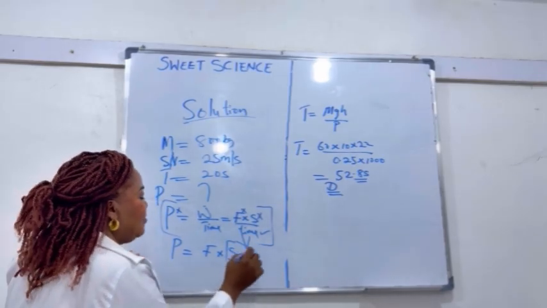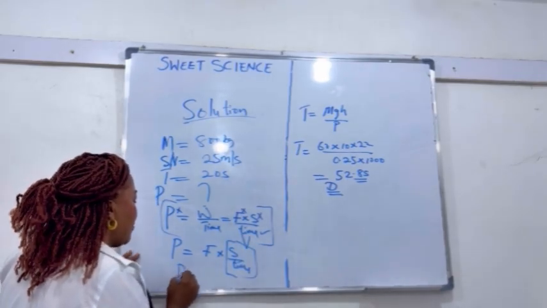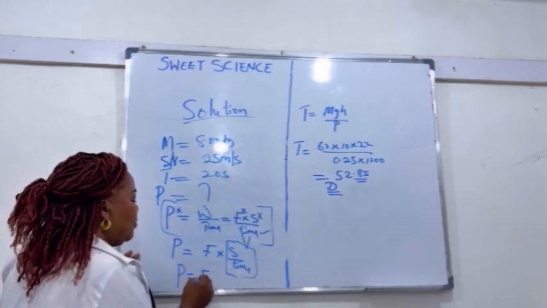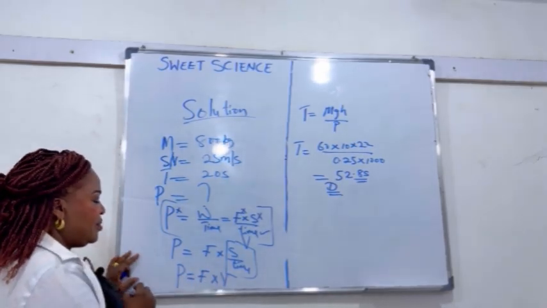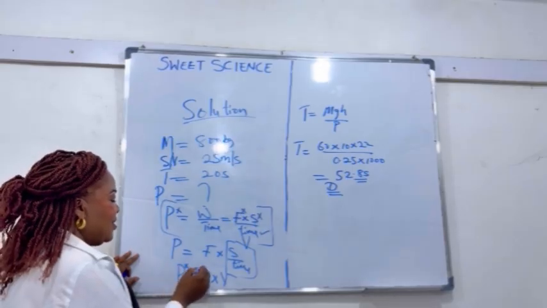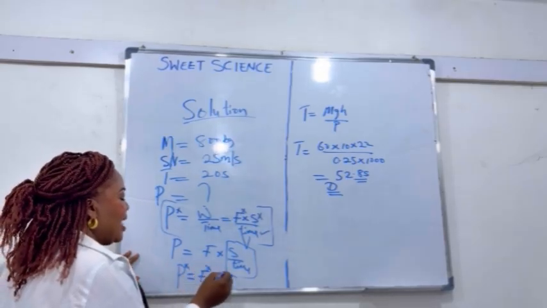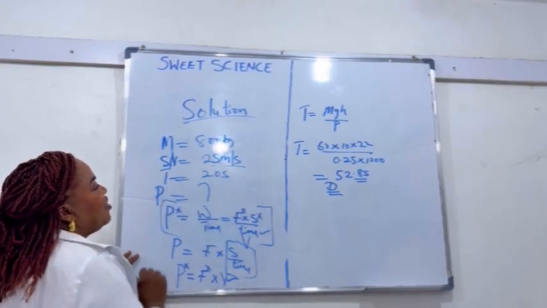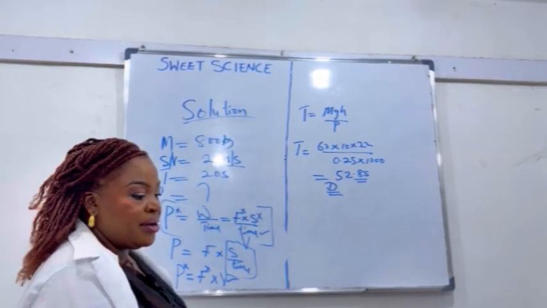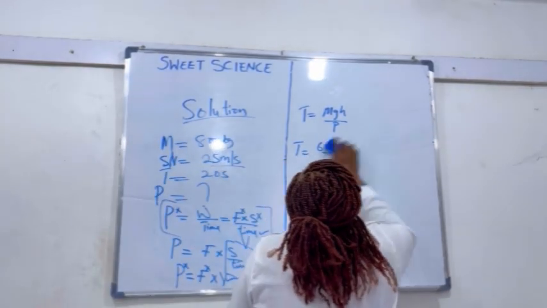So we now have that power is equal to force times velocity. Force is still unknown, and we now have velocity. Velocity is 25 meters per second.